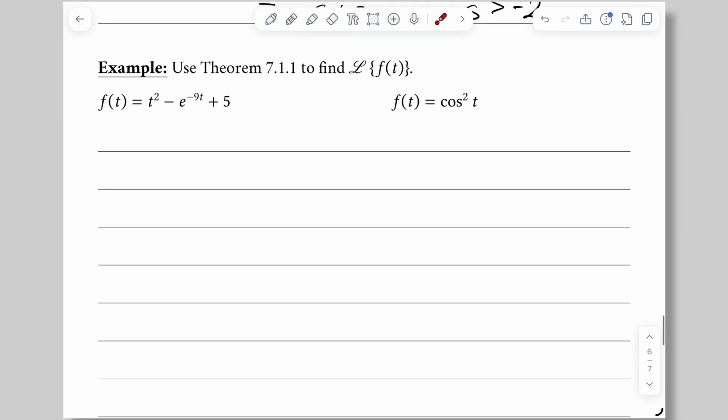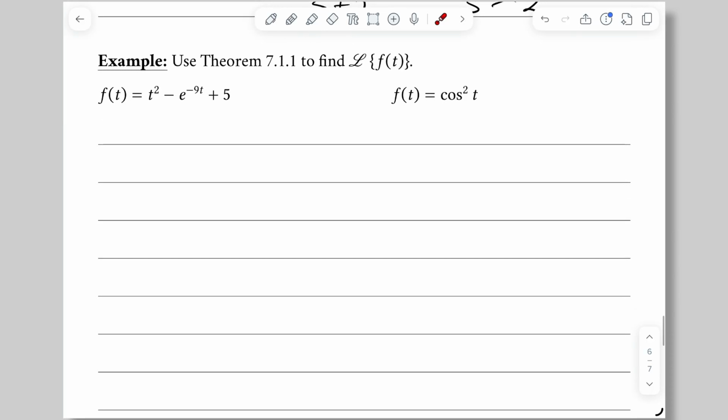Next up, we're going to use the theorem, the one that had the formulas, to find the Laplace transform of t squared minus e to the negative 9t plus 5. We can write it as one big Laplace transform, or as three little ones, but I'll just leave it at this.